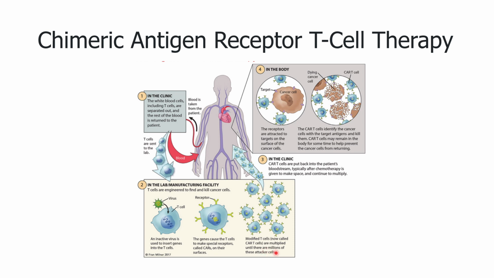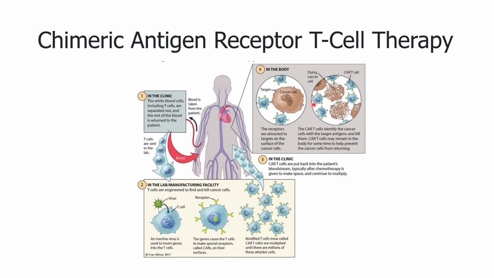This is usually around millions of attacker cells, and these millions of attacker cells are put back into the patient, and these receptors are attracted towards the antigen present on the surface of the cancer cells. As we can see in the figure, these modified T cells can recognize the antigen that is specifically present on the cancer cell and then kill them.